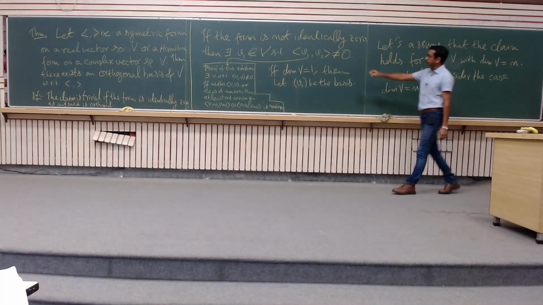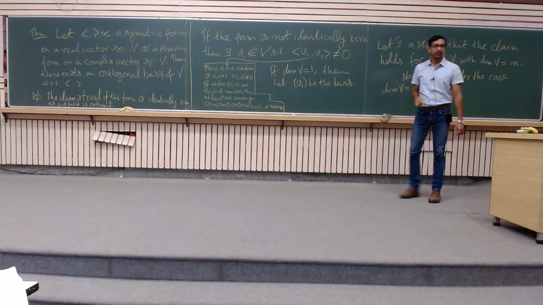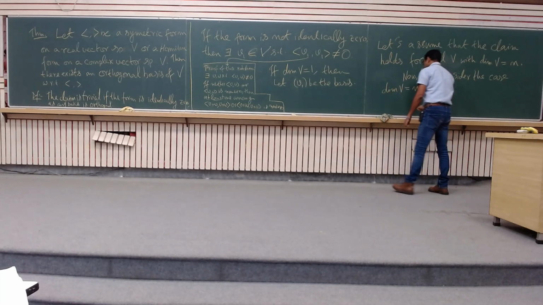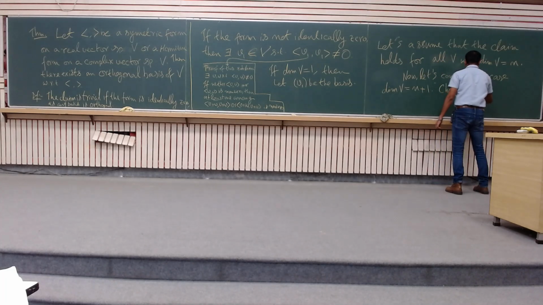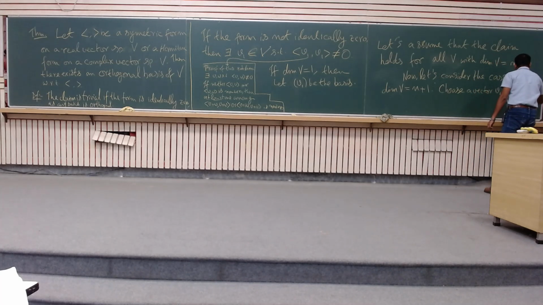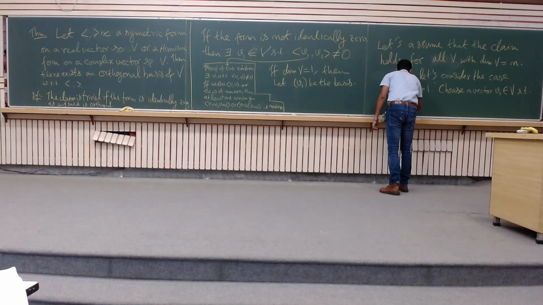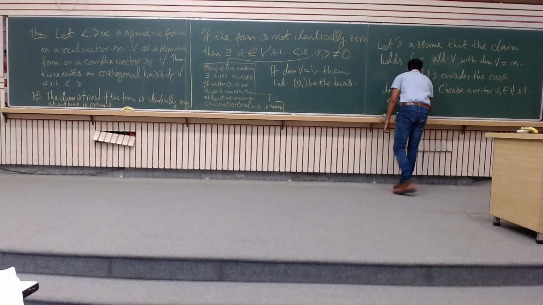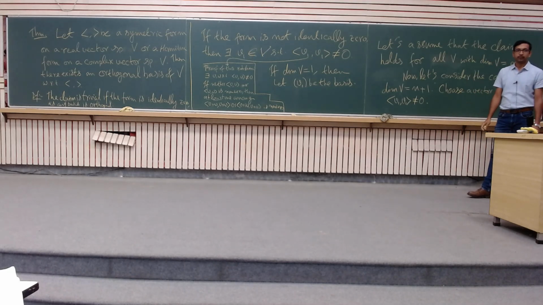Still, we can choose a vector such that v1 is not equal to 0. Right? So choose a vector v1 in V such that this is not equal to 0. Let that be the first element in our basis.